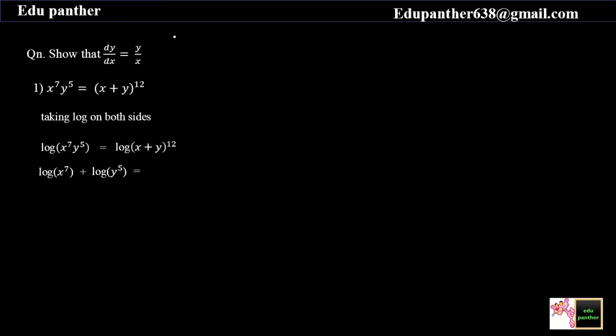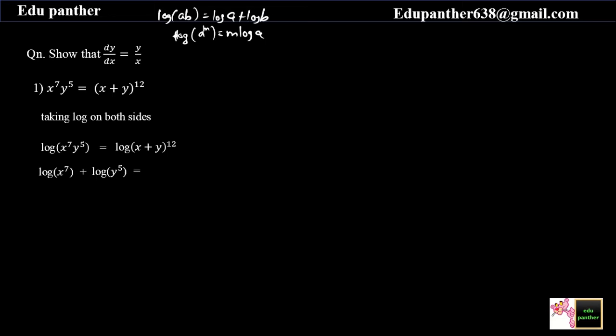Use the power property of log, that is log of a raised to m is m times log a. Similarly, log of a into b is log a plus log b.